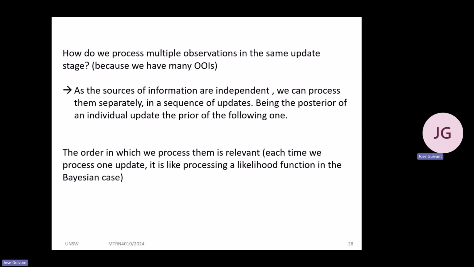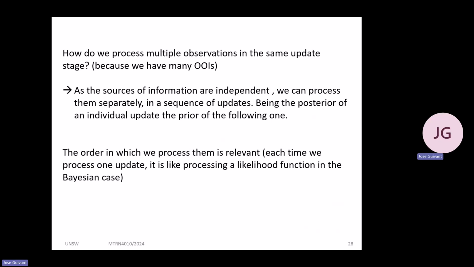But that is not the final posterior in this LiDAR event, because I have another 2 objects of interest. So you will repeat that using the posterior that we got in the first iteration. We apply this as a prior in the second iteration in this sequence of updates. And that will produce a new posterior.